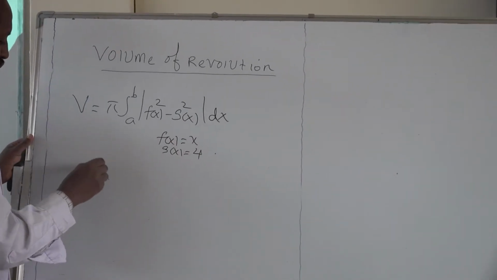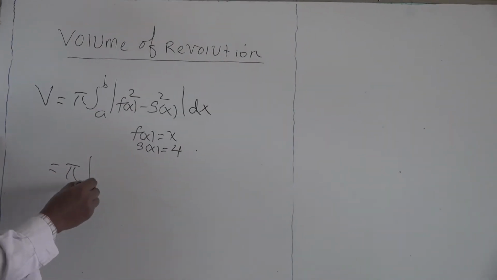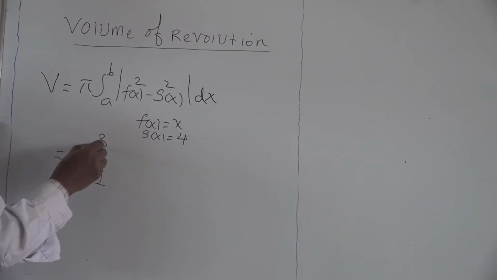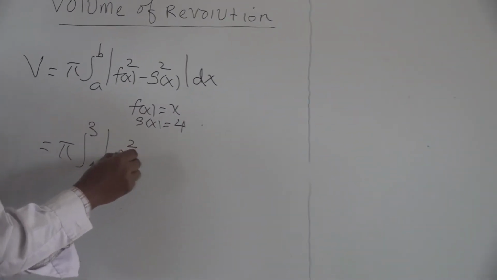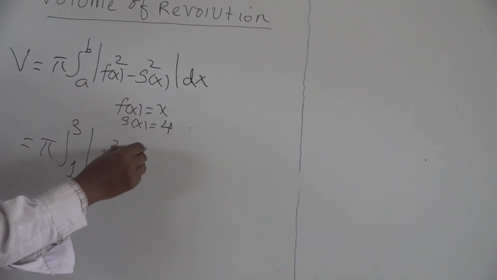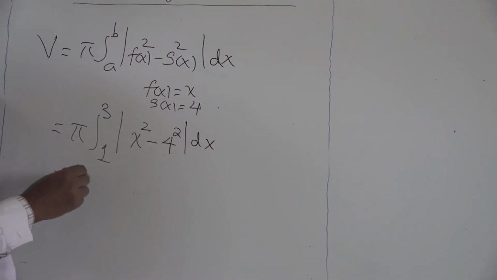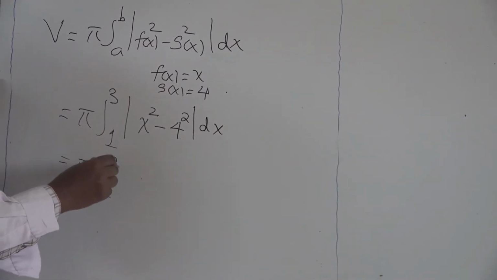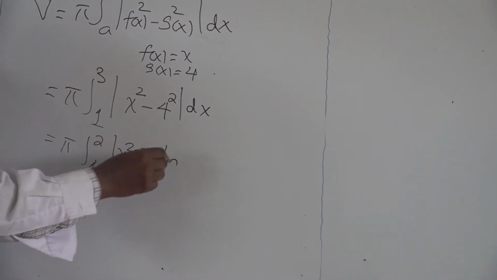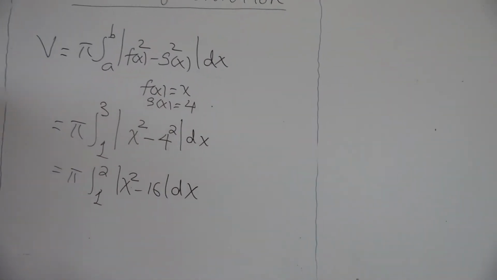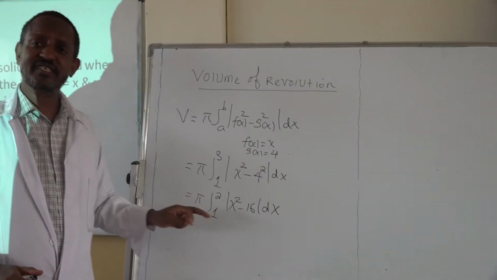Therefore, volume equals pi times integral from a to b. Our a and b are 1 and 3. From 1 to 3, the absolute value of f of x the whole square, that means x square, minus g of x the whole square, 4 square, dx. So we have the integral from 1 to 3 of the absolute value of x square minus 16 dx. Now here the question is, in the interval 1, 3, which one is greater?